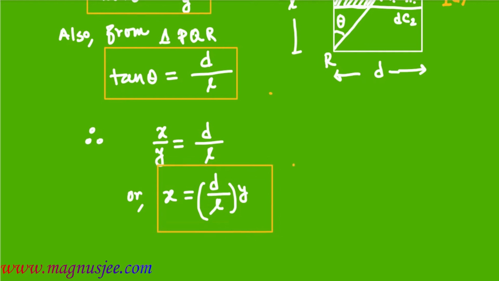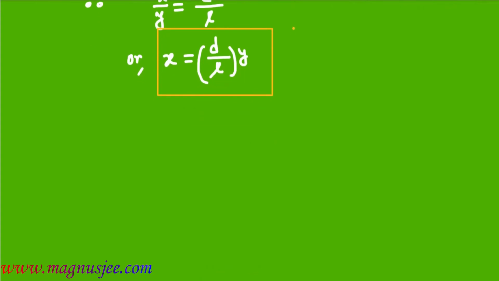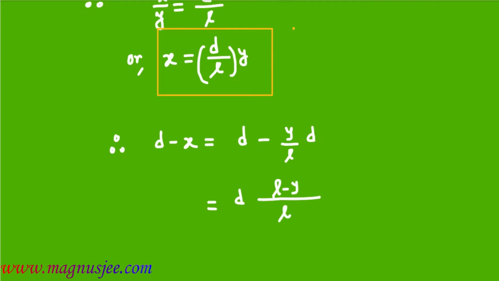Therefore, what will be the value of dC1? What will be the value of d minus x? That is the width of the elementary portion of capacitance dC2, which is d minus (d by l) into y. d is taken common under bracket, (l minus y) divided by l.